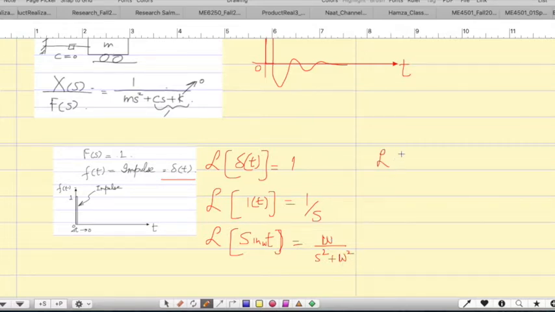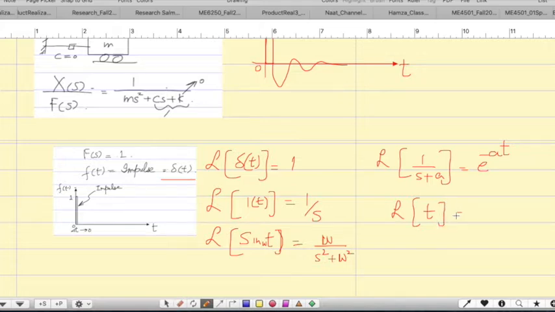And the Laplace transform of e to the negative at, which is a transient response, is 1 over s plus a. And the Laplace transform of t is 1 over s squared, and so on.